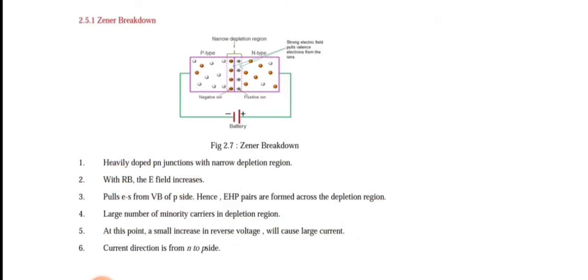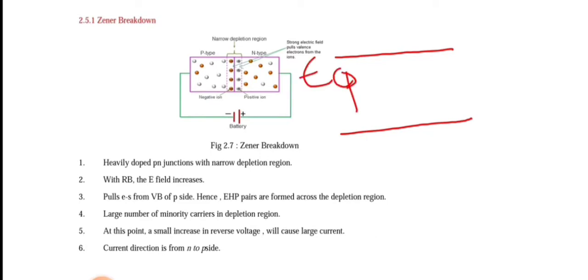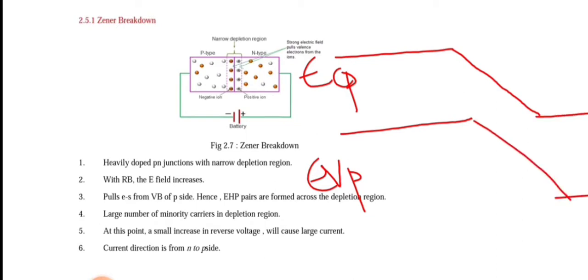I'll explain it, so listen here. This is our conduction band at the P side and valence band at the P side. Due to this narrow depletion region, the band bending will be abrupt, or there will be a sharp slope in the band.